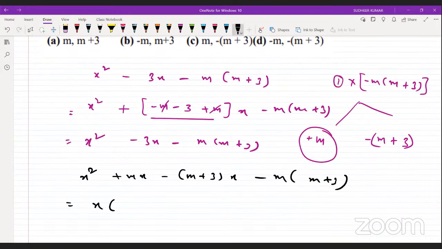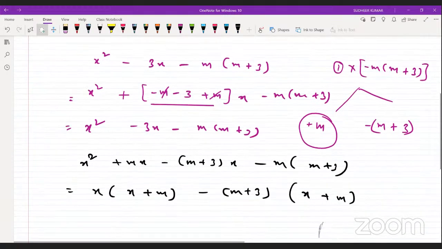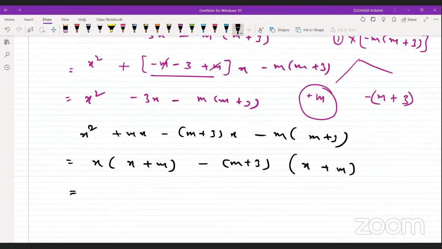From these two, x take common, this is x plus m, and from minus of m plus 3 take common, the remaining is x plus m. Now from these two, x plus m take common. That is x minus of m plus 3.